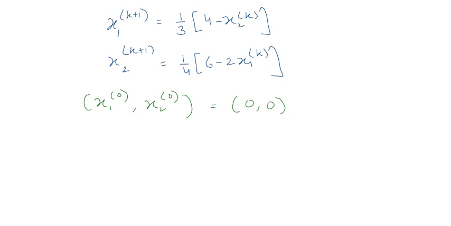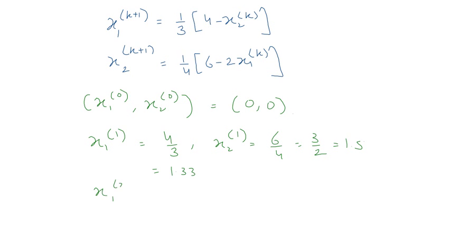Then x1 1 equals 4 by 3, that is 1.33, and x2 1 equals 6 by 4, that is 3 by 2, equals 1.5. Now to get x1 2, it is 1 by 3 times (4 minus x2 of 1, that is 1.5), which equals 0.833.